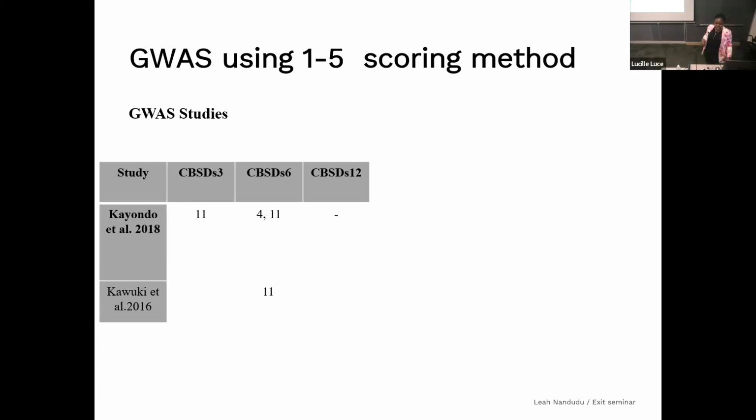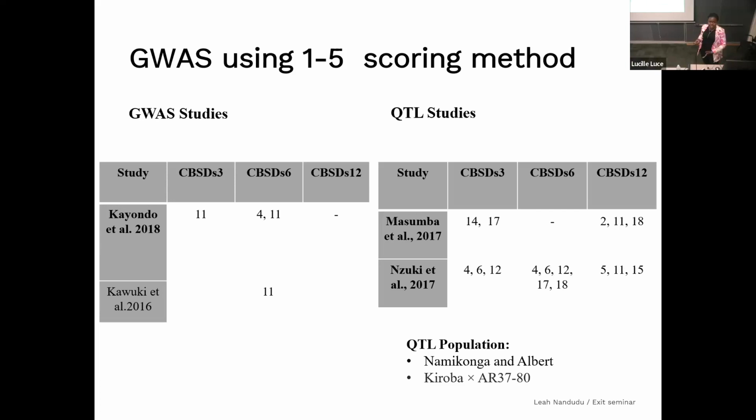So other studies within East Africa, mainly based in Tanzania and Kenya, have done QTL studies with these populations, Namikonga and Chiroba. Just to give you a brief introduction, in the 1930s when CBSD happened, breeders did cross normal, domesticated cassava clones with the wild relatives. And a clone like Namikonga or Chiroba is from that breeding program in the 1930s.